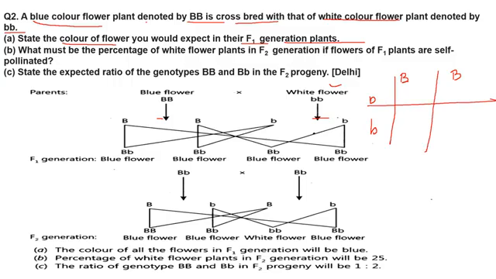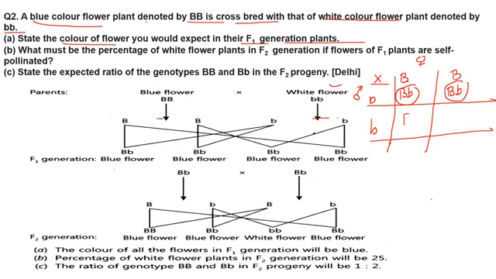You can draw the Punnett square over here. So you just have to cross. You can keep one as male here and the other as female, right? And you are crossing here. We get capital B, small b. This one is blue. And capital B, small b, this one will also have blue color flowers.